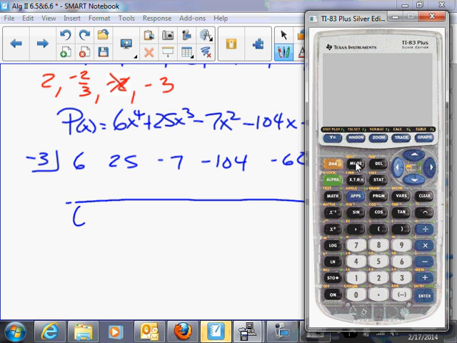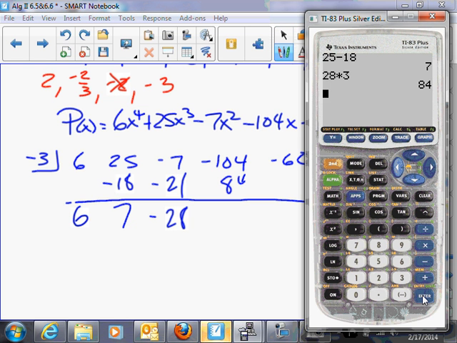This is 6. -3 times 6 is -18. Now let's just check. 25 minus 18 is 7. -3 times 7 is -21. -21 plus -7 is -28. -3 times -28 is 84.